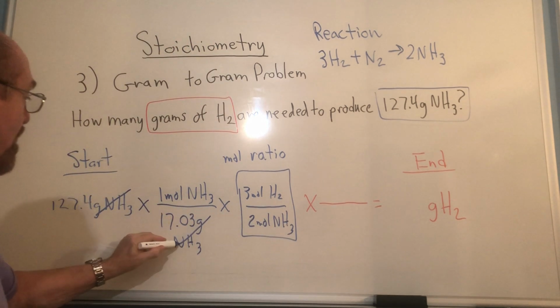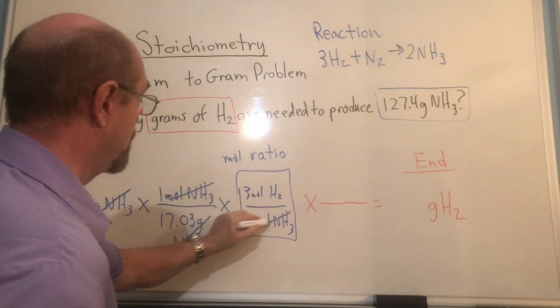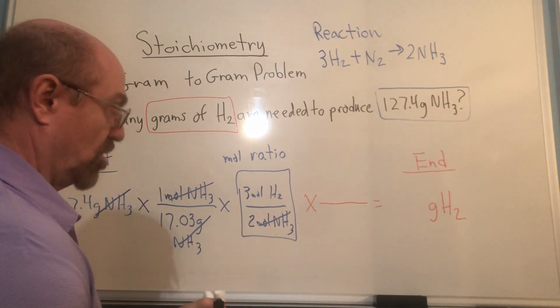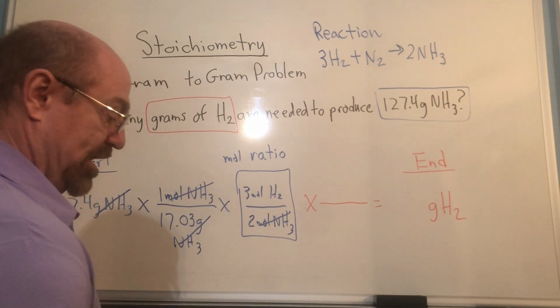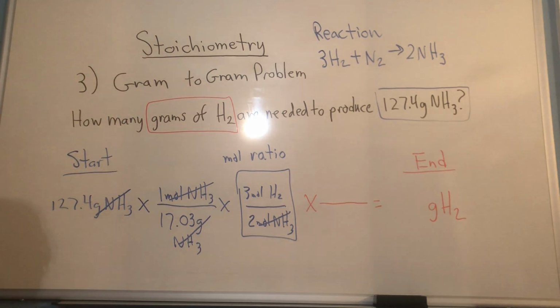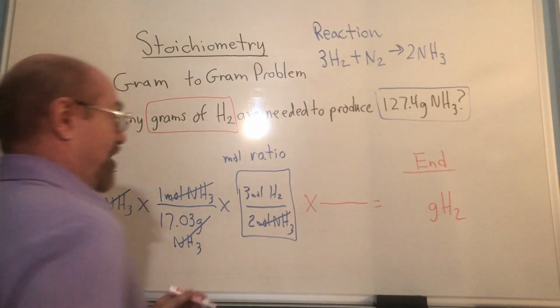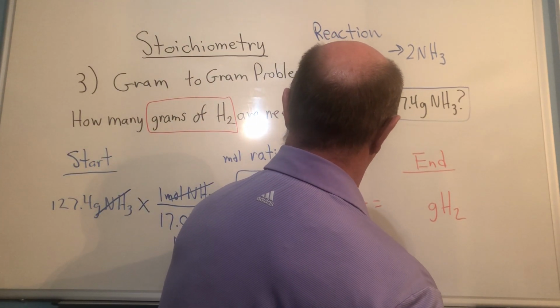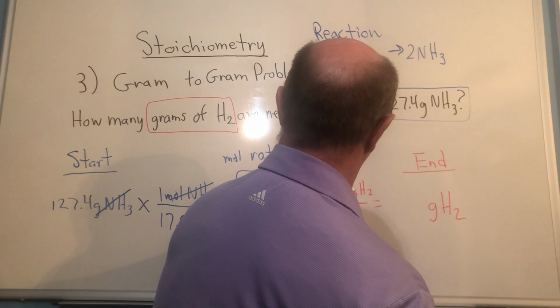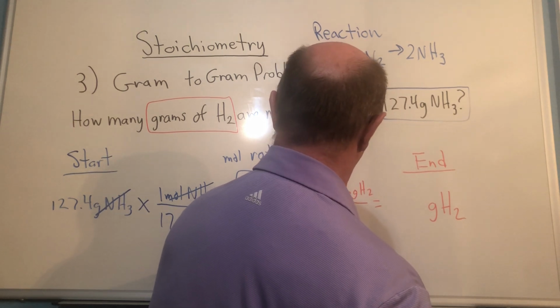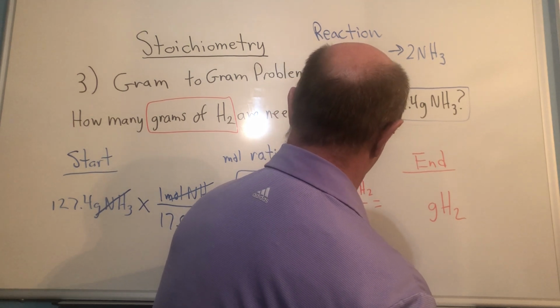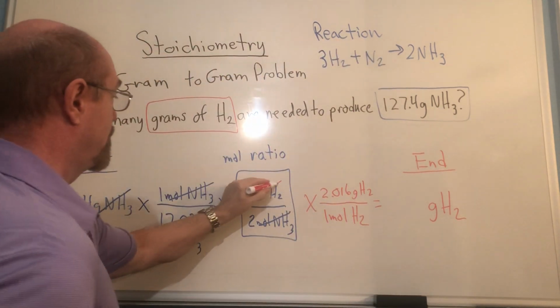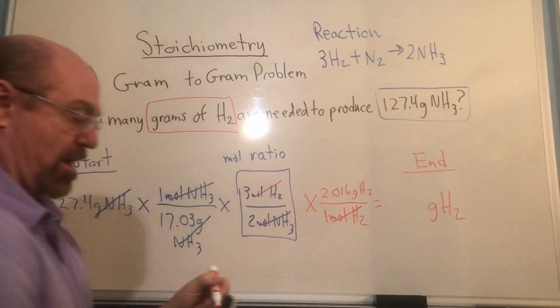Grams are canceling grams, moles are canceling moles. So now we've converted to moles of hydrogen, but we need to get from moles of hydrogen over to grams of hydrogen. So to get there finally, we have to multiply by the molar mass. Okay, and finally our moles of hydrogen will drop out.